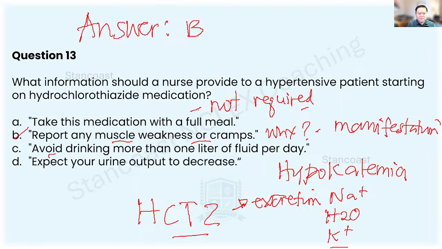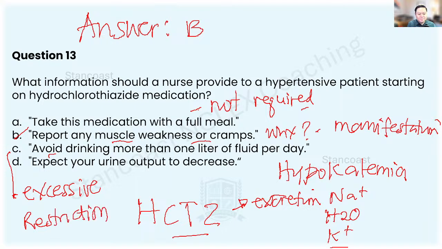This is kind of strict. If I'm the patient with this 1 liter fluid restriction, I'd be so mad. So this is excessive restriction, very rigid. All right, way too much. This is an overkill.